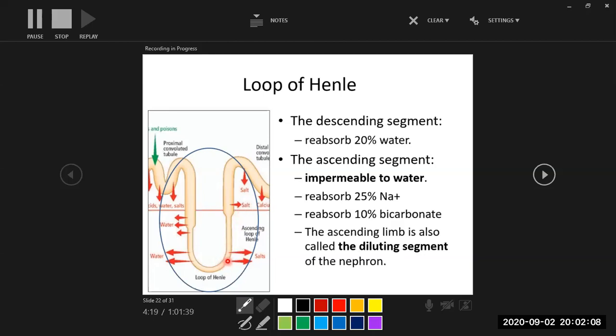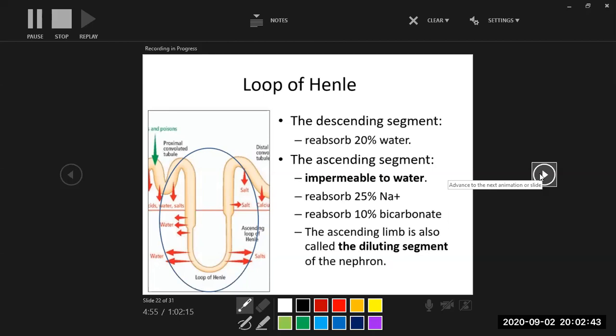So we basically make the urine diluted. And it is very important to know that this ascending limb is also called the diluting segment of the nephron. Okay, so this is the diluting segment of the nephron. Here, this portion reabsorbs about 25% of the salt and about 10% of the bicarbonate.